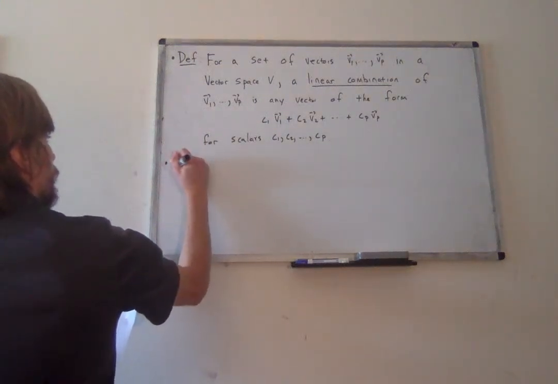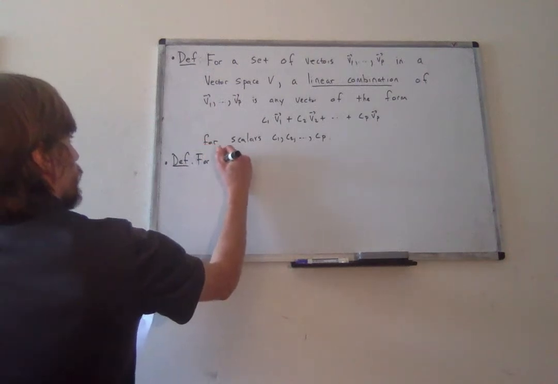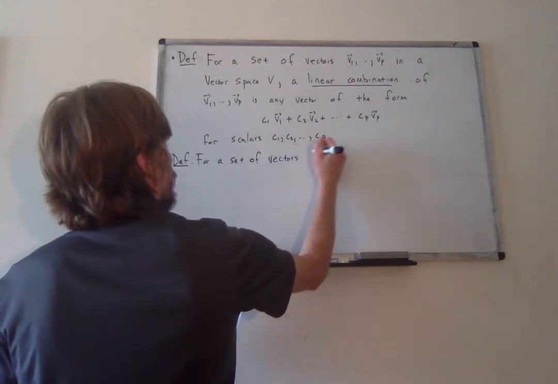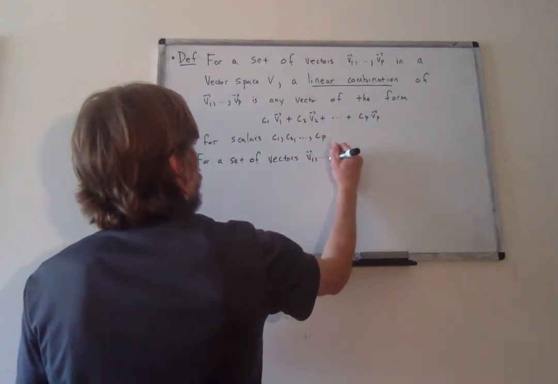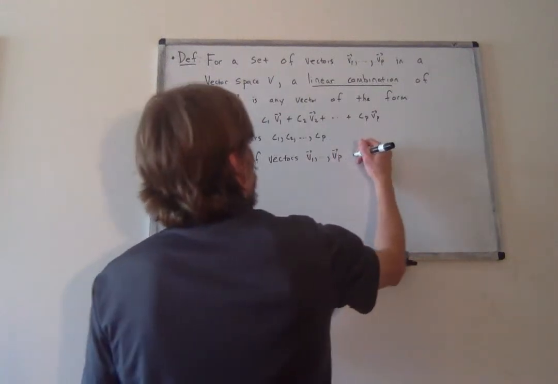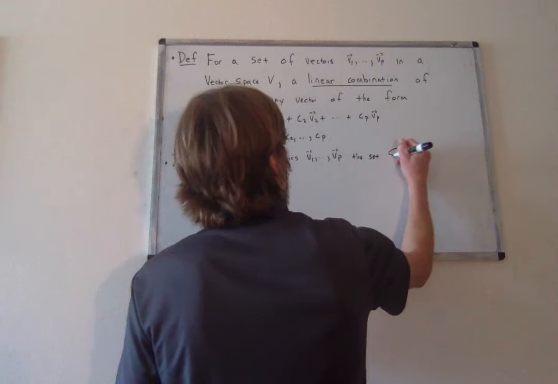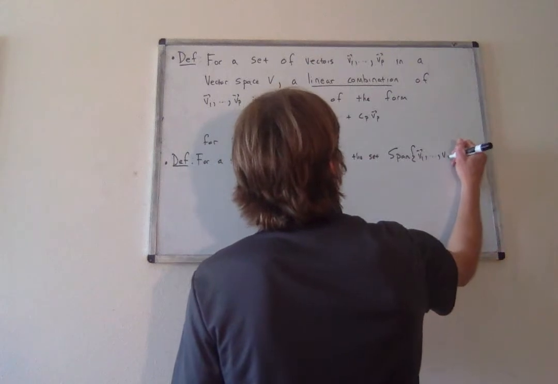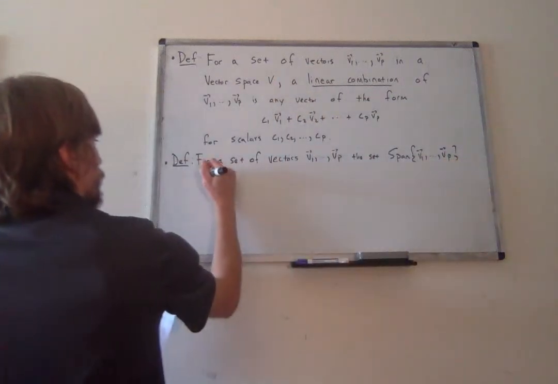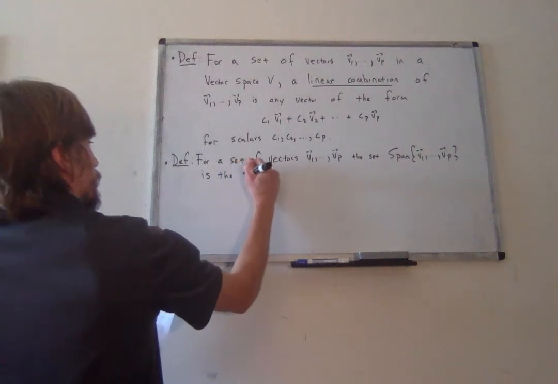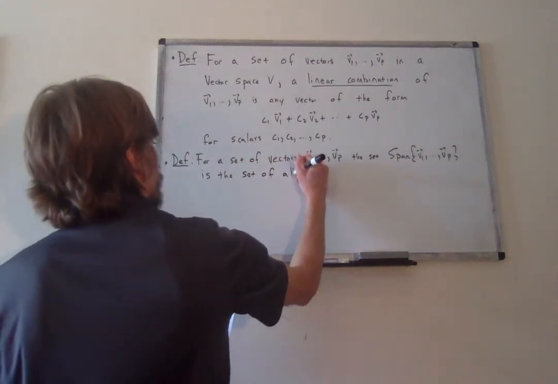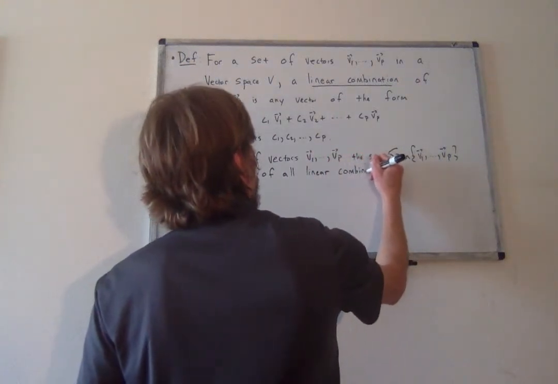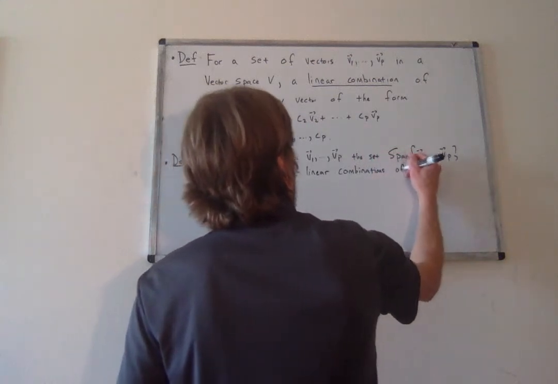And so, much like we did before, for a set of vectors v1 through vp, the set span of v1 through vp is the set of all linear combinations of these vectors.